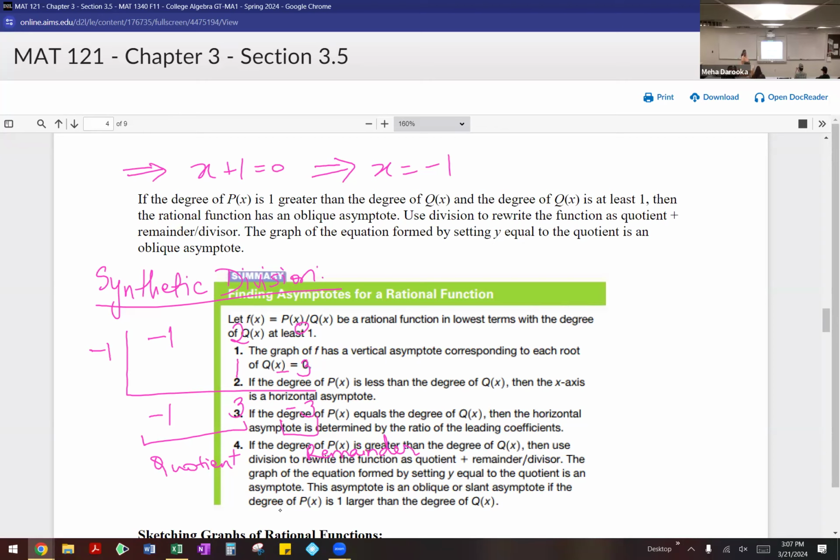So there's 2 different things you will see in this oblique asymptote thing.